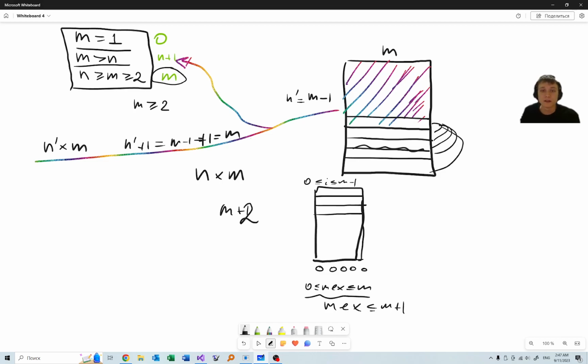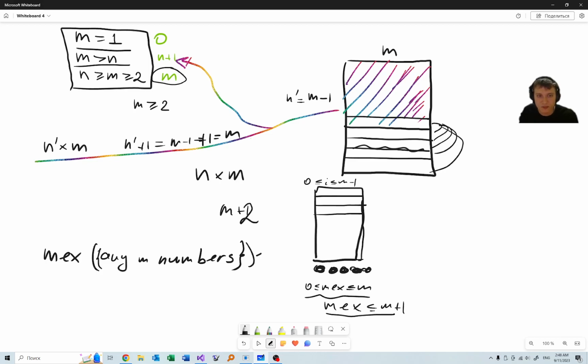But actually, we can even prove that max is at most m. See, there are actually just m numbers. It's not important which m numbers, but there are m numbers, because there are m columns. So since you have m columns, you have m numbers, and it is easy to see that the max of any m numbers is at most m.